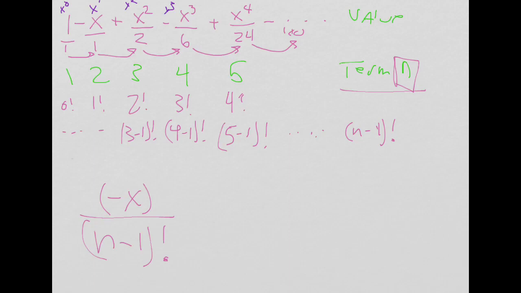So again, compare that to the term number. Well, 0 goes with 1. 1 goes with 2, 2 goes with 3, 3 goes with 4, etc. At each stage of the game, the value of the exponent is 1 less than the value of the term number. 2 minus 1 is 1. 3 minus 1 is 2. 4 minus 1 is 3, etc. So we're going to write that as n minus 1.